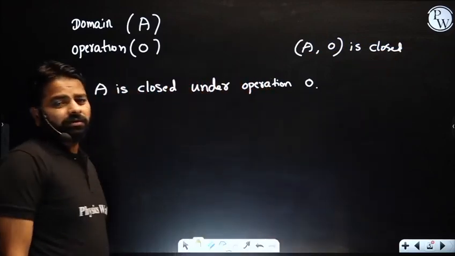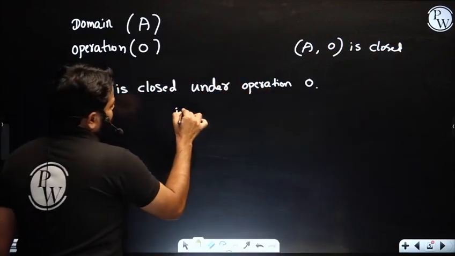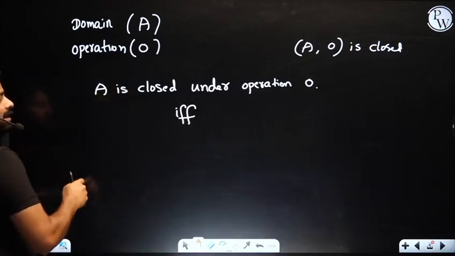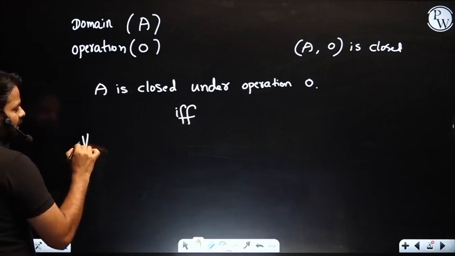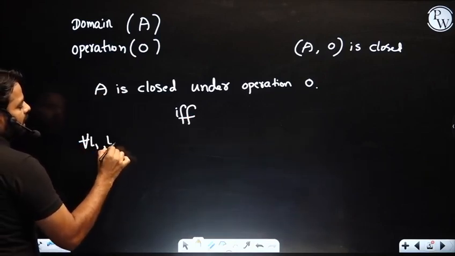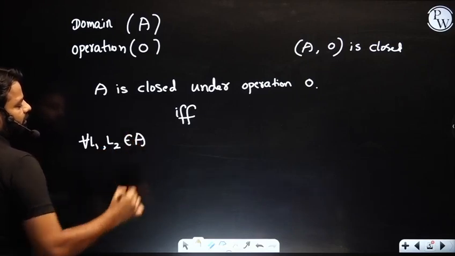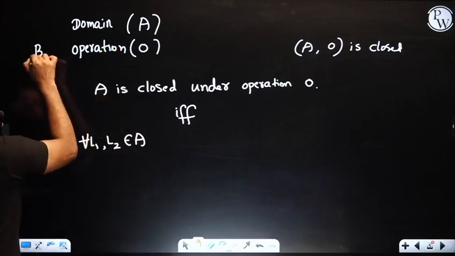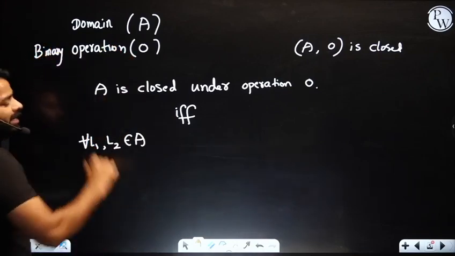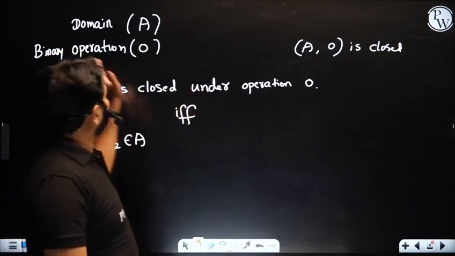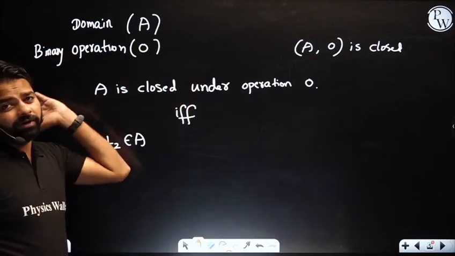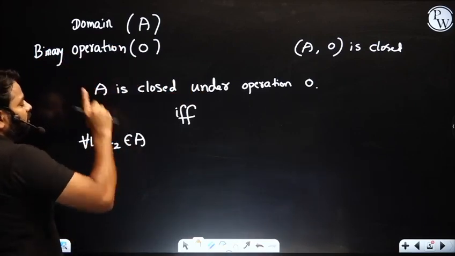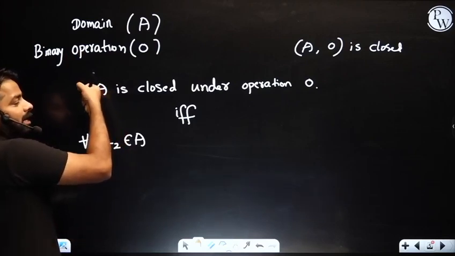When we say this, we mean that for every two languages or every two elements in this domain, that is, for all L1, L2 belonging to A, any two languages you take, and let's say this is a binary operation. Sometimes you also have a unary operation, which takes only one operand. Here I am assuming a binary operation, but you can also apply this to unary operations or any n-ary operation. Assuming it's a binary operation, you need to take two operands, two elements from the domain.